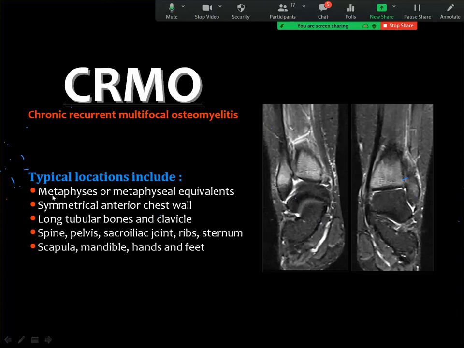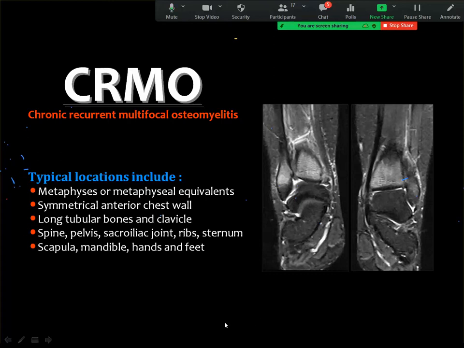You see, it will affect the metaphyses or the regions near to the metaphyses, in the anterior chest wall, long tubular bones. The clavicle is one of the famous bones that is affected in this particular disease, which can also occur in the spine, in the pelvis, and sacroiliac joints, in the ribs, and in the sternum.